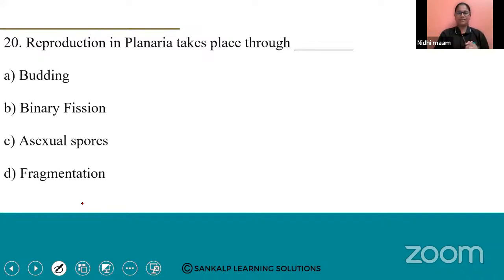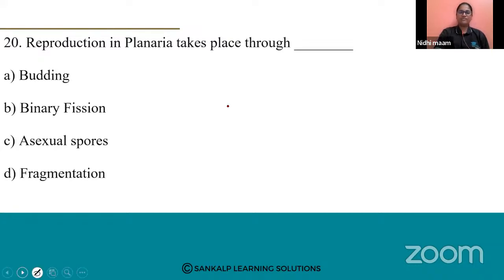Yeah, Thavina answered it, fine. Vaividya answered it, good. Okay. So the right answer for this is option D, fragmentation.